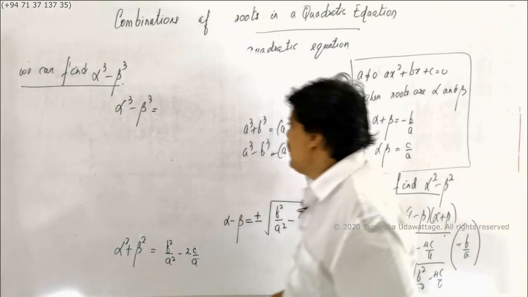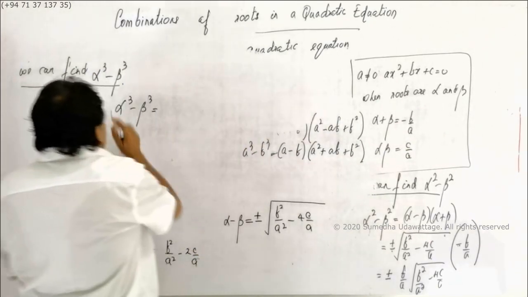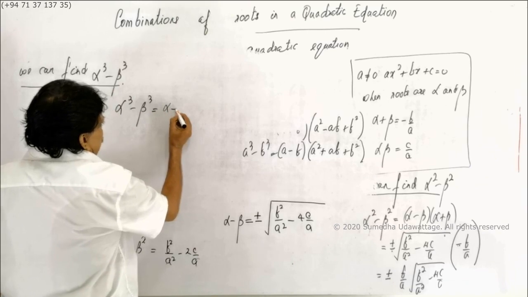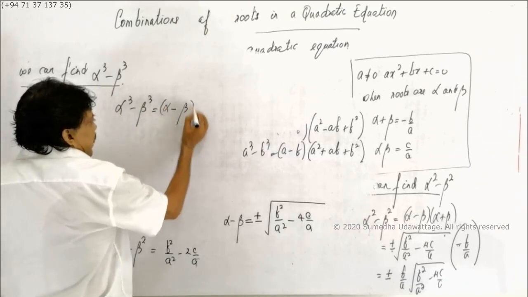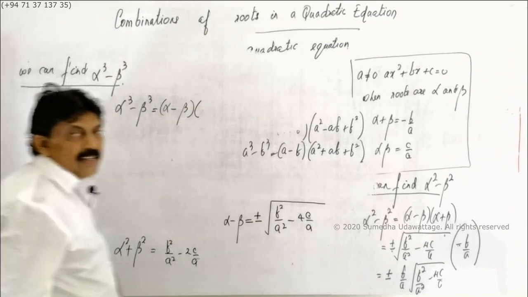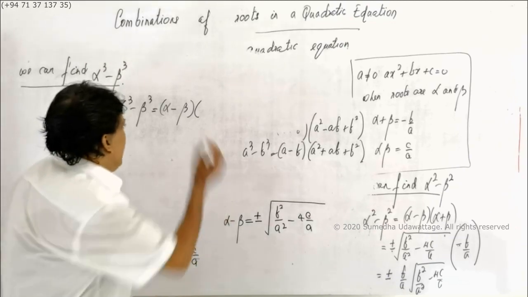Then, putting this into factors, it would be alpha cubed, you take alpha, minus, you put minus, beta cubed, you take beta, and the second factor is written observing the first factor.